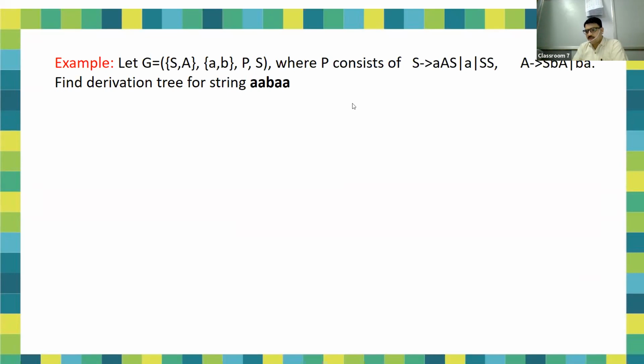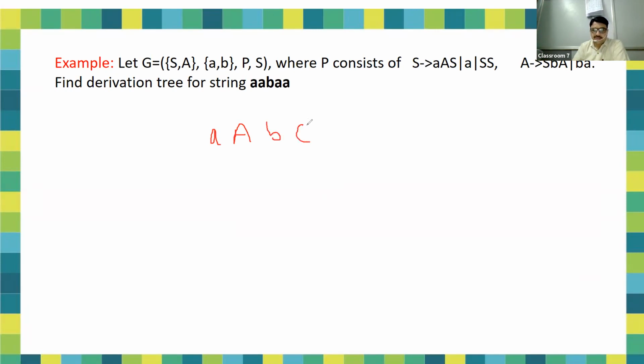तो अब नेक्स्ट पॉइंट इज, in this situation, we are deriving a string by using this derivation tree, right? Now, next point is, suppose in the production, you can see, suppose this type of production will be there.